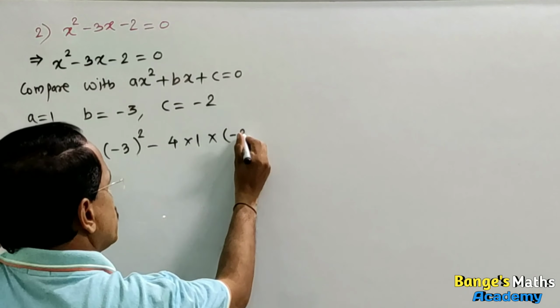We get 2 plus or minus root 14 upon 5. So m is equal to 2 plus root 14 upon 5, or m is equal to 2 minus root 14 upon 5. Write down roots. 2 plus root 14 upon 5 and 2 minus root 14 upon 5 are the roots of quadratic equation.